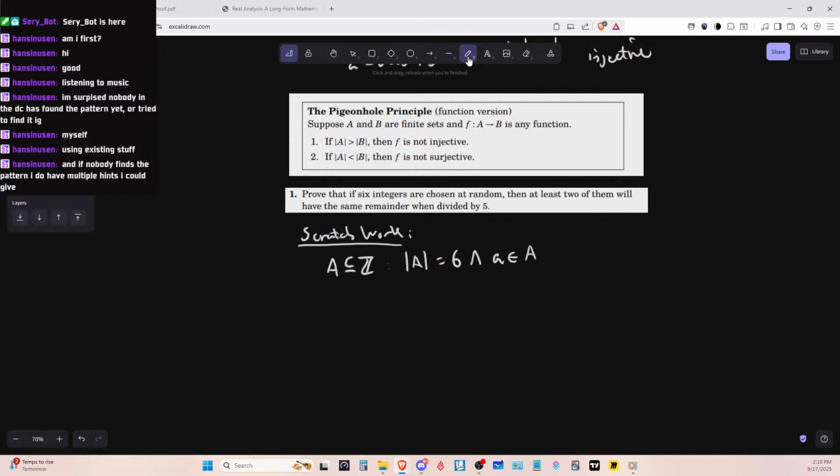So let's imagine that we have a 1, a 2, a 3. Let's put a little I here. I is an element of the natural numbers. Or maybe I should put is an element from the set 1, 2, 6.